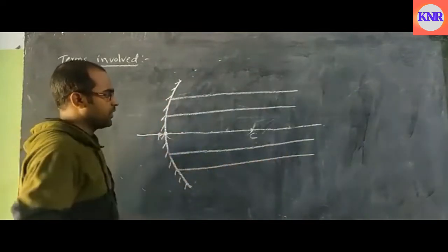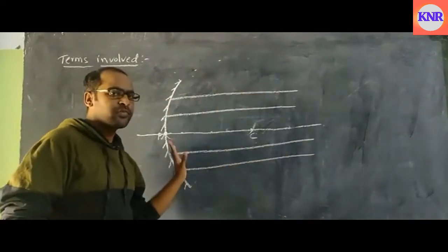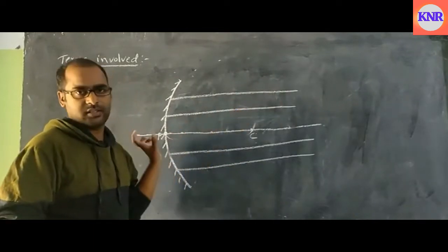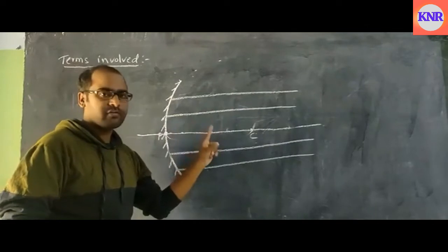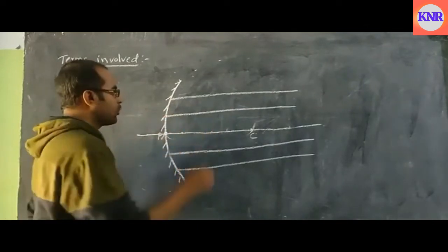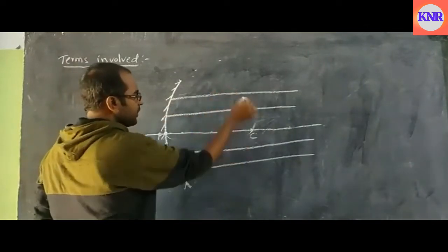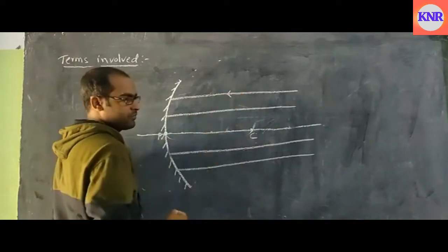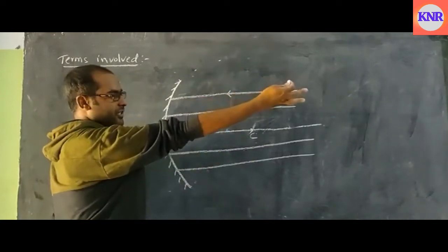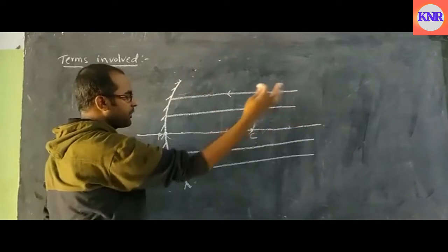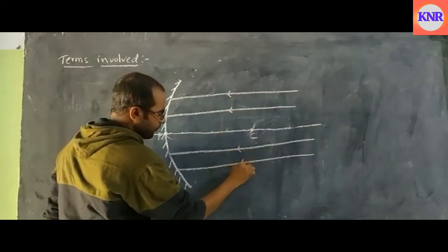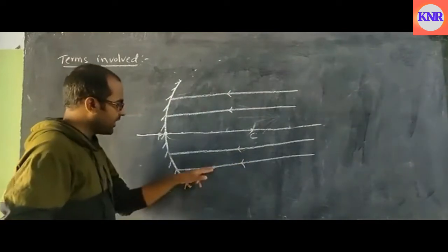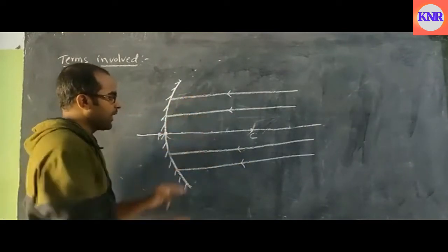When the object is far away from the mirror, it definitely gives parallel rays, and the image will be formed at the focus itself, right? So all the rays from a distant object, meaning the object is at infinity, give parallel rays. Parallel rays means all these rays are parallel to the principal axis.